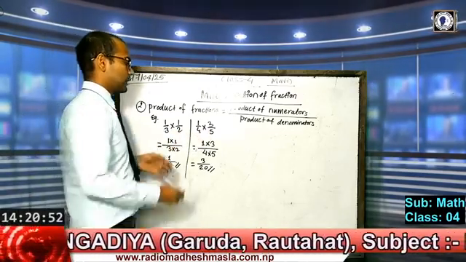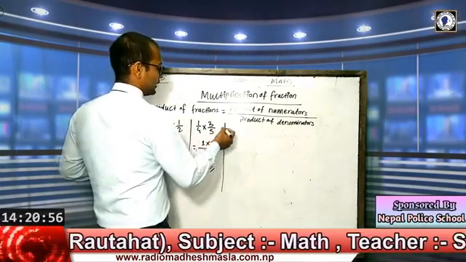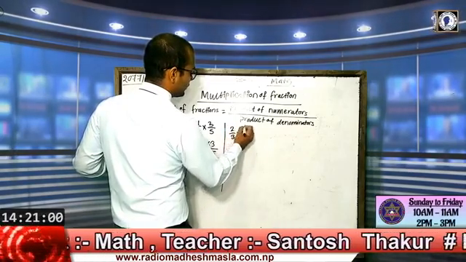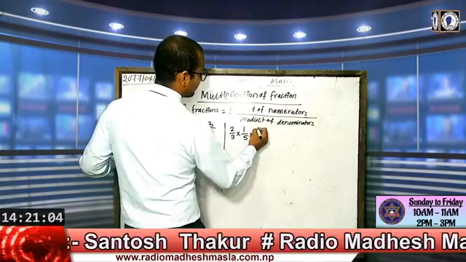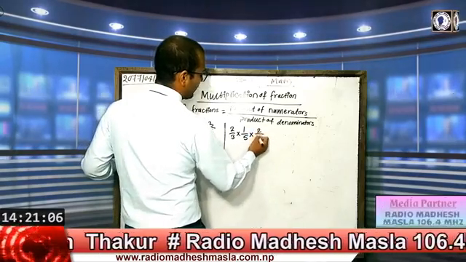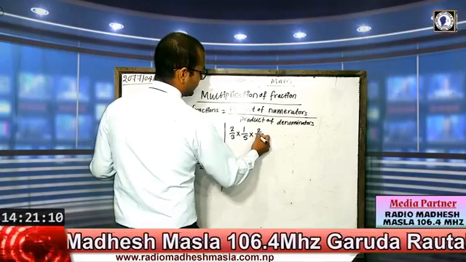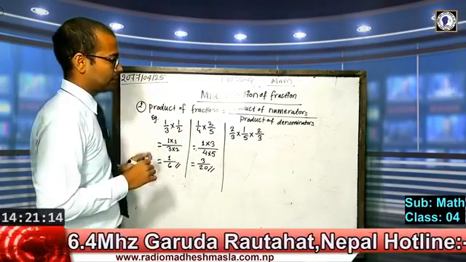We solved up to two fractional numbers. Now let's take three fractional numbers to get the product. Suppose we are given 2 by 3 into 1 by 5 into 3 by 2. Sometimes you may be given this type of question.